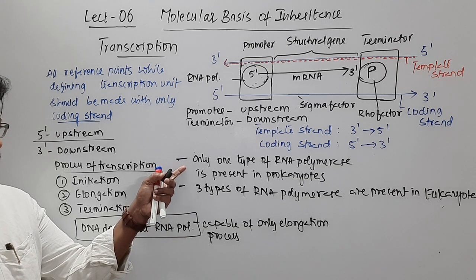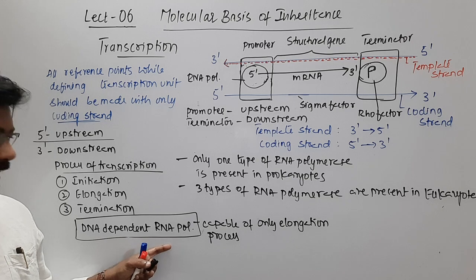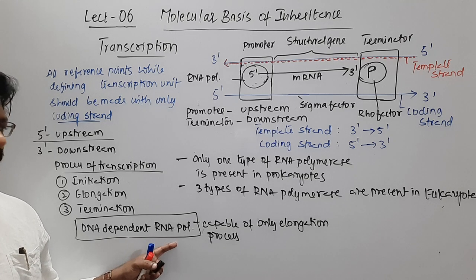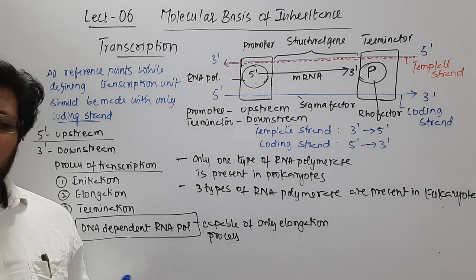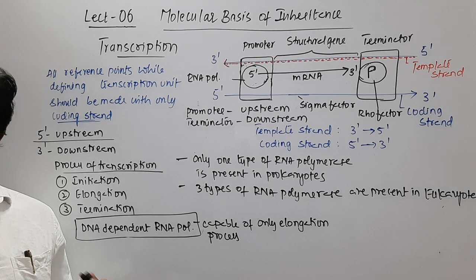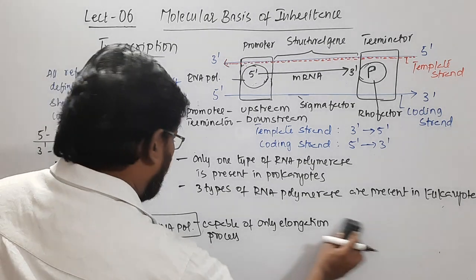In case of prokaryotes, only one. That is what I mentioned here: DNA dependent RNA polymerase is the only enzyme that is capable of making mRNA, tRNA, rRNA and all. But in case of eukaryotes, that is not the case.